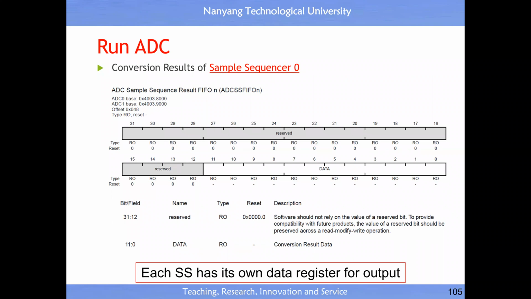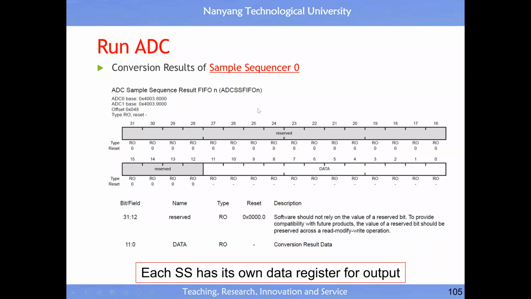Once you run, from this data register you can read out the data from sampling device number 0. Actually, for each sampling device you have a data register, and you can read their data, but to save space I am just showing you one. From this address you will get the data from sampling device number 0.